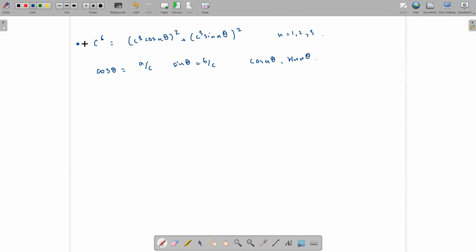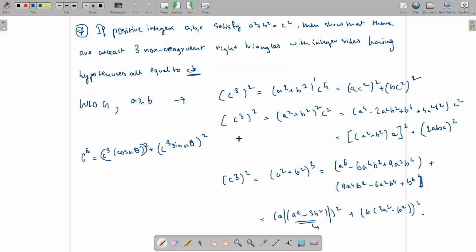Now one important question. Why are these three triangles not congruent? Just take the ratio of the sides and see if they are the same or not. Give me an easier, quick argument.